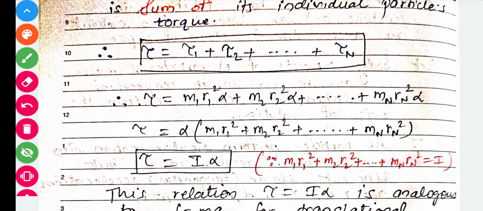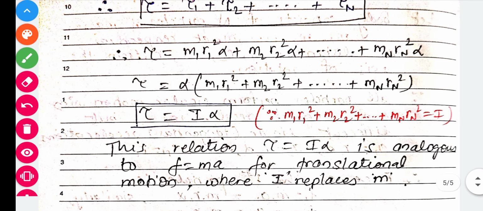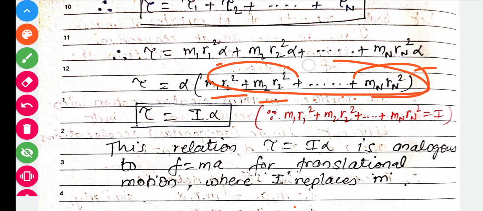What is common here? As you can see, alpha is common in every term, so take alpha common. Inside remains m1 r1 square plus m2 r2 square plus mn rn square. The value of this is nothing but the moment of inertia, I. So in place of these terms you write I into alpha.